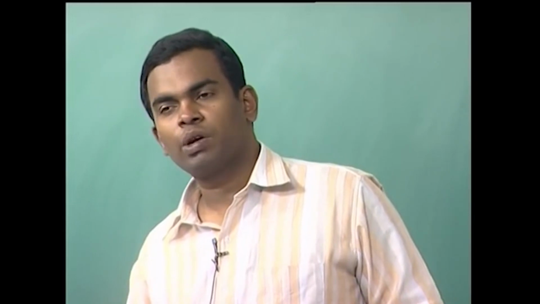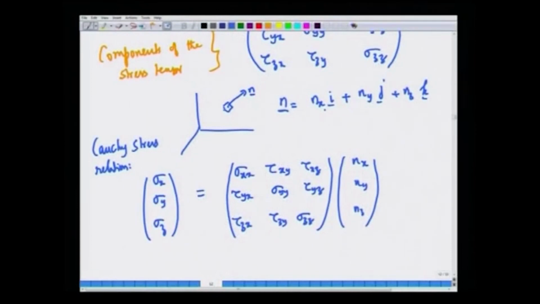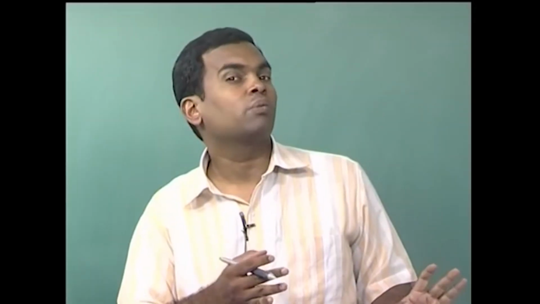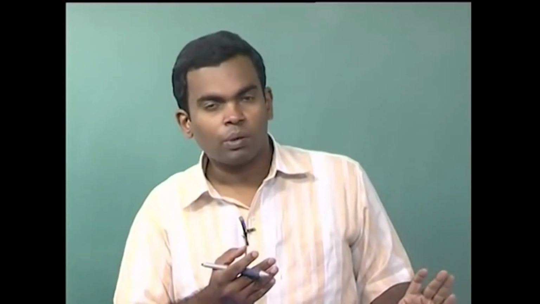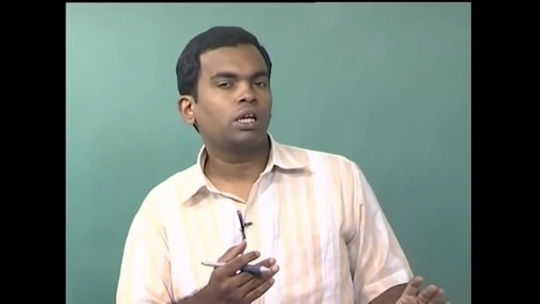Now, this is a very powerful result, because in principle you might have imagined that to find the stress at a point, and since you have to specify also the orientation of the surface, you have infinitely many orientations. You may imagine that you may have to tell a whole lot of information, because you have to keep on changing the orientation to find what is the stress. But the Cauchy relation tells us that it is not necessary to keep on measuring or calculating at an infinitely large number of orientations.